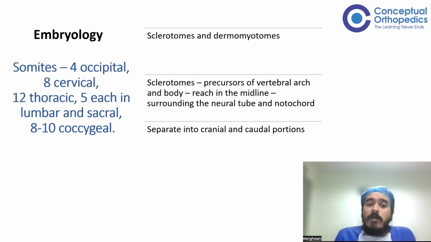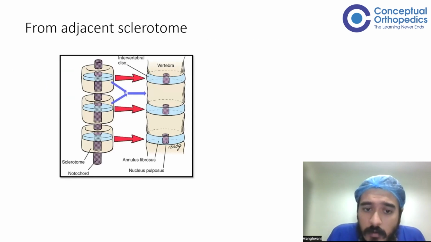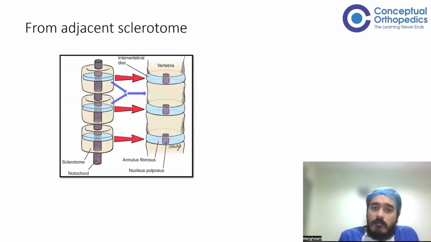So the number of somites is very much important. There are four in occipital, eight in cervical, 12 in thoracic, five each in lumbar and sacral, and 8 to 10 in coccygeal.